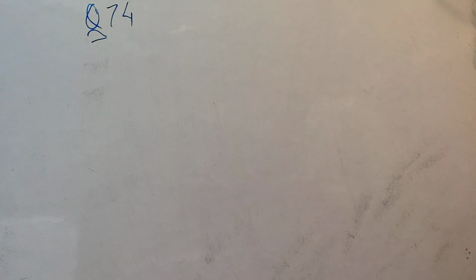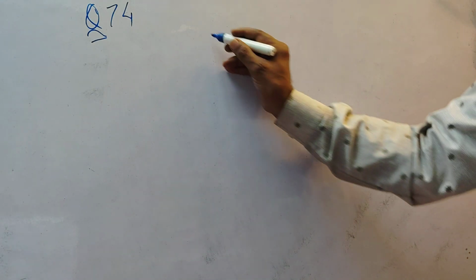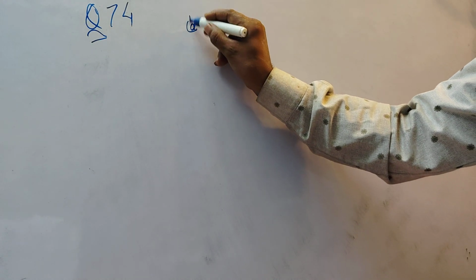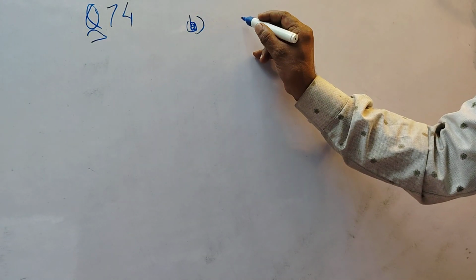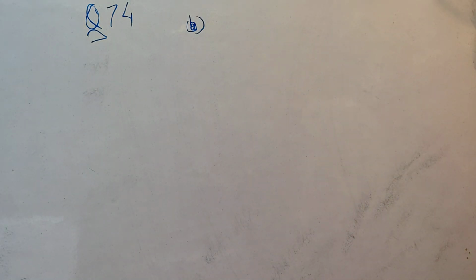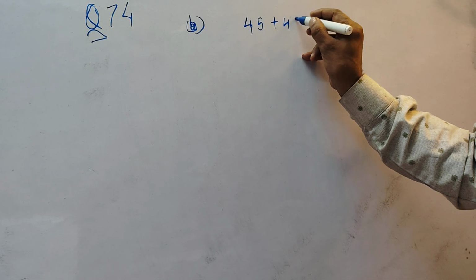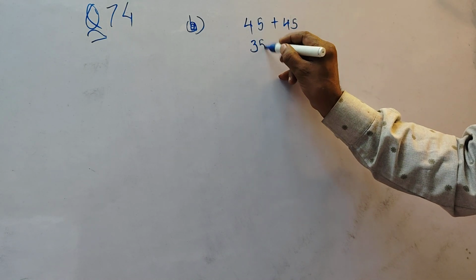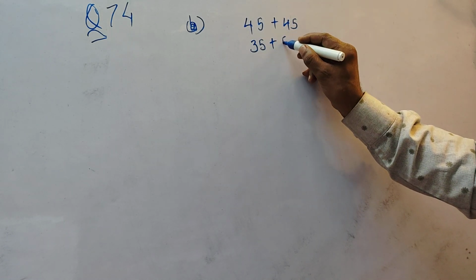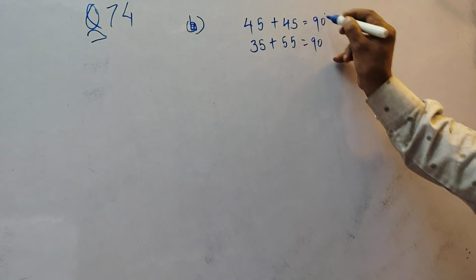Part B: can we have two acute angles whose sum is a right angle? 45 and 45 is a possible combination. 35 and 55 is also a possible outcome for a right angle.